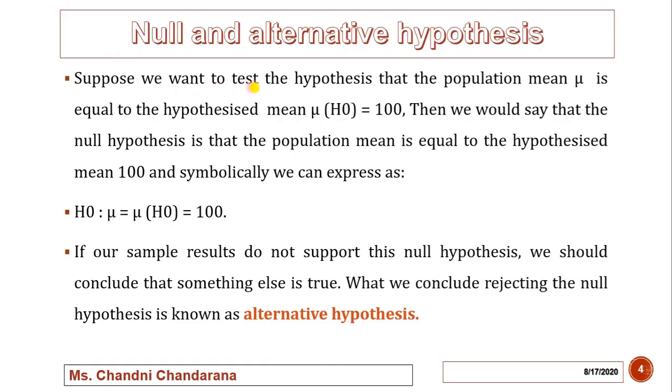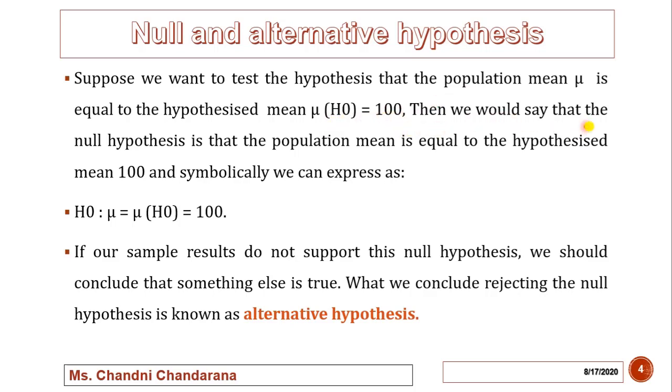Suppose we want to test the hypothesis that the population mean mu is equal to the hypothesized mean, or you can say the hypothesized mean mu is equal to 100. H0 means our hypothesized mean. Whatever assumption we made, our assumption is that our population mean should be 100.